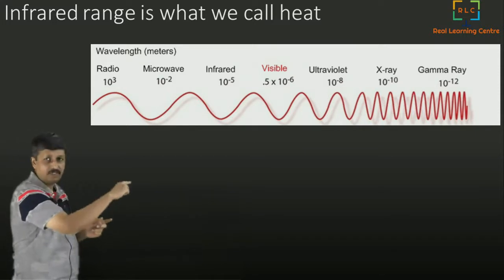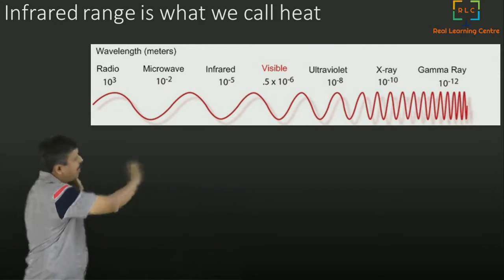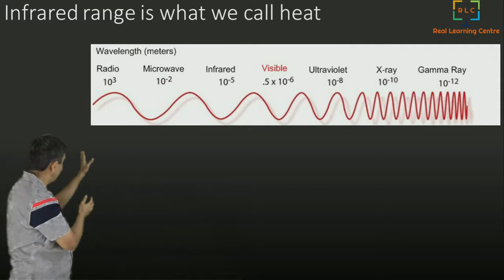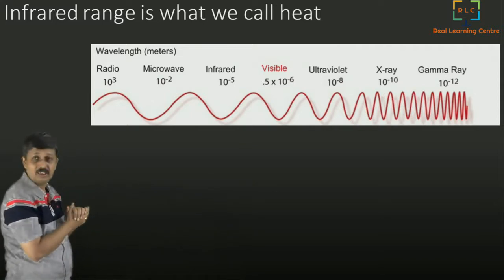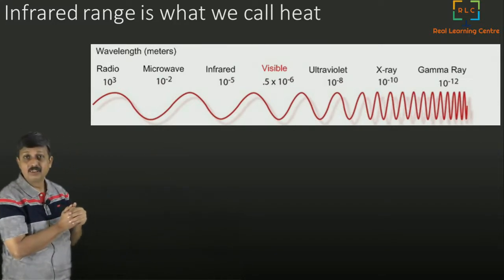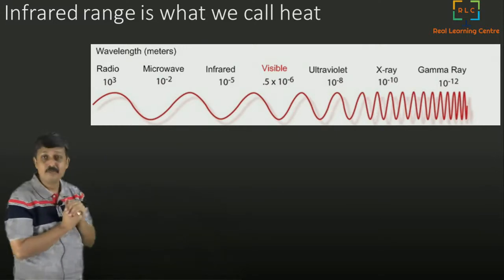It is not a single wave. I am just showing you that I can draw a spectrum like this, in which the longer wavelengths on the left are called radio waves, and the very short wavelengths are called gamma rays. Okay. So in between, there is a part called visible light.